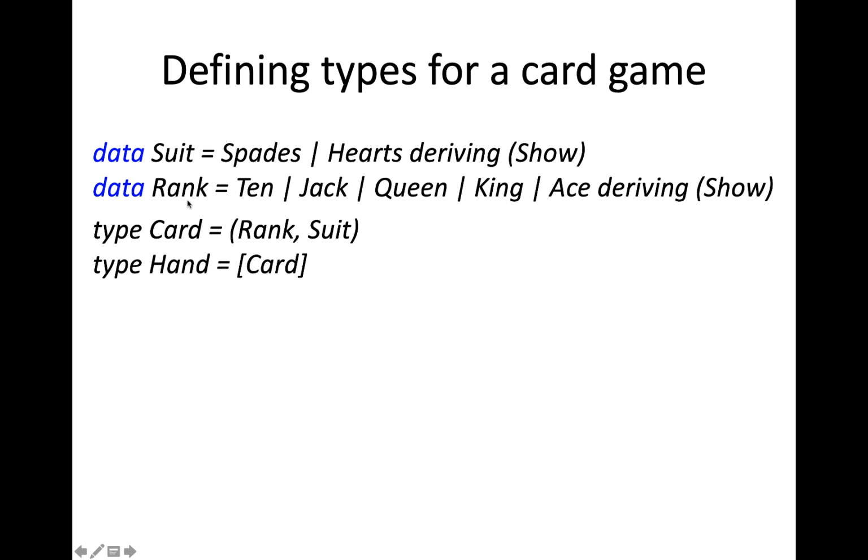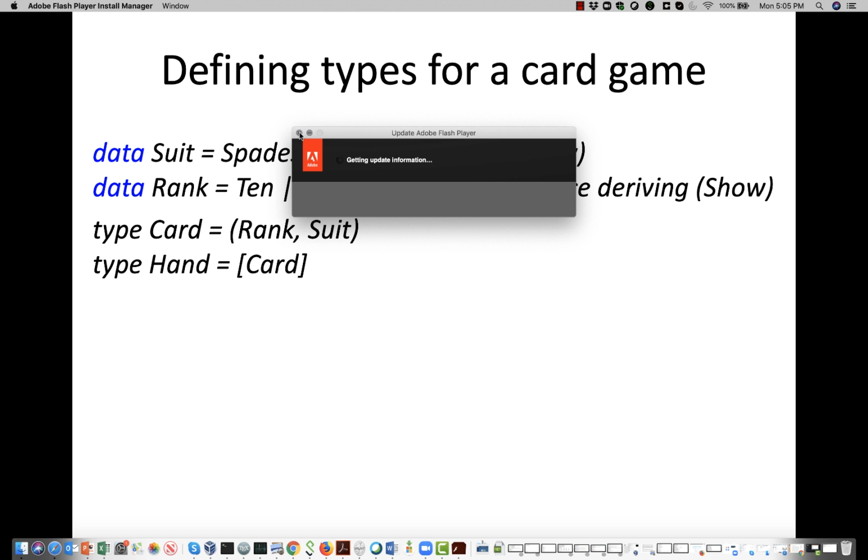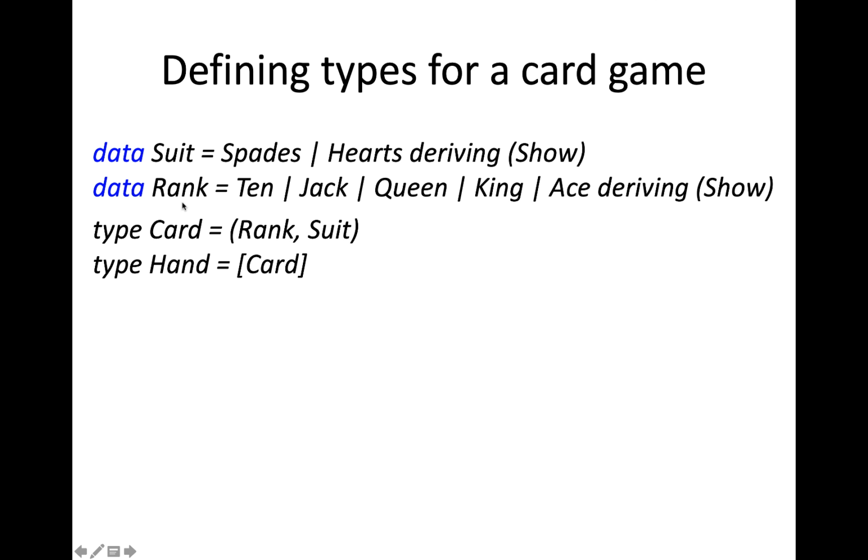And also in each suit there can be different ranks of cards, right? Like 10, Jack, Queen, King, Ace. And let's define a type called Rank, and these are the options possible for Rank.